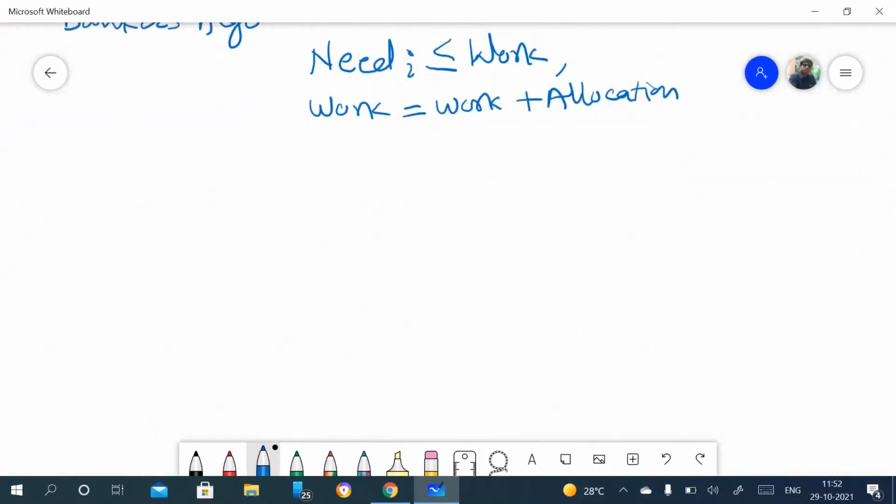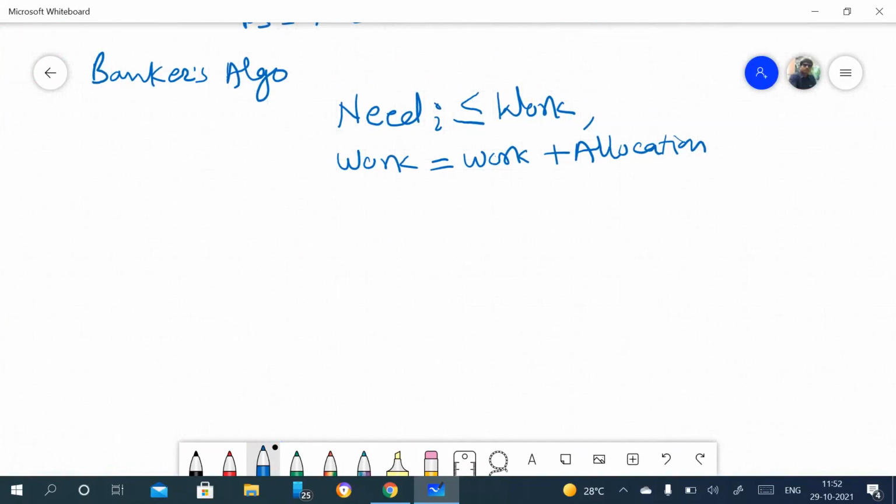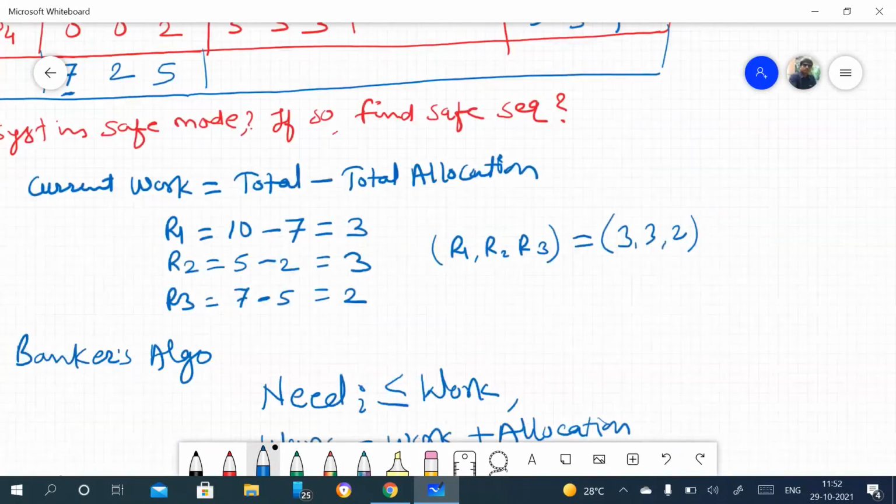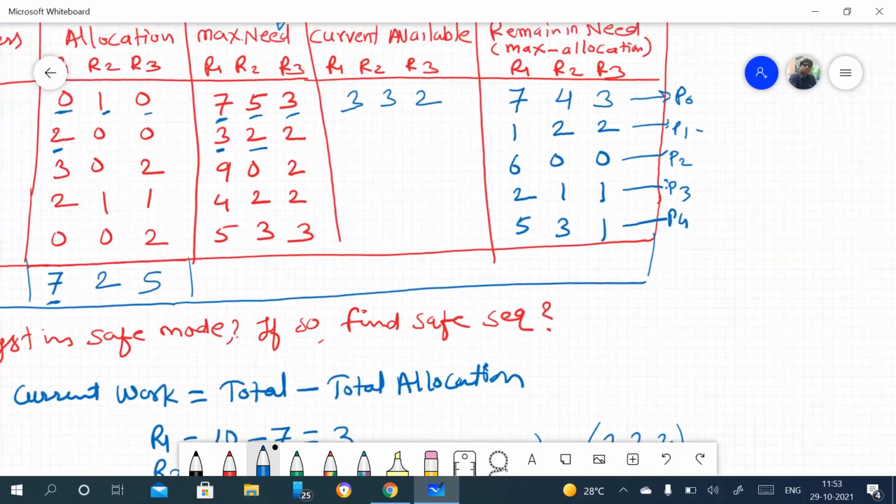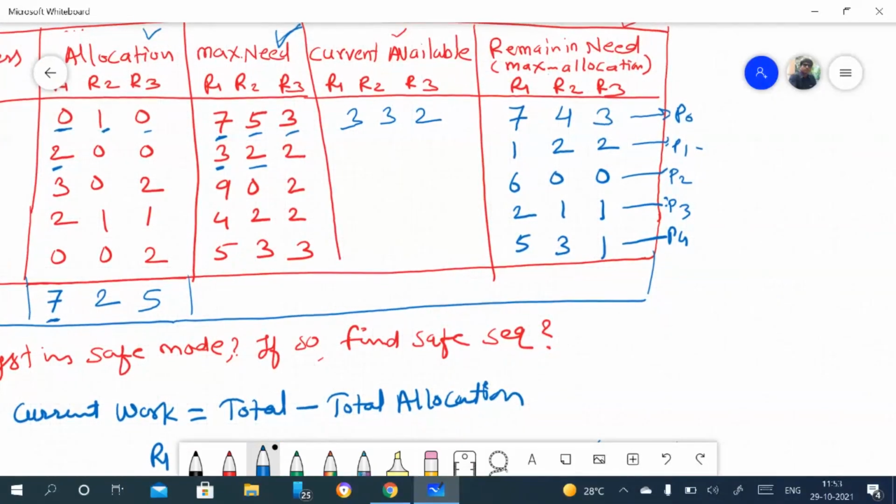Right? Now consider the P0 process. What is the need of the P0 process? 7, 4, and then 3. This is need, and available is what? This one, we can say. Right?